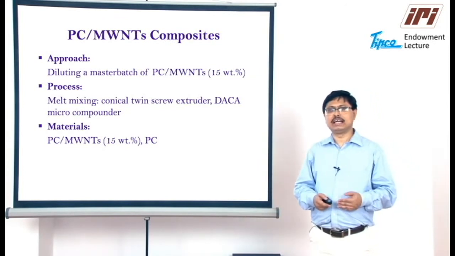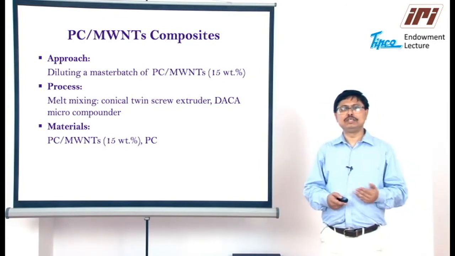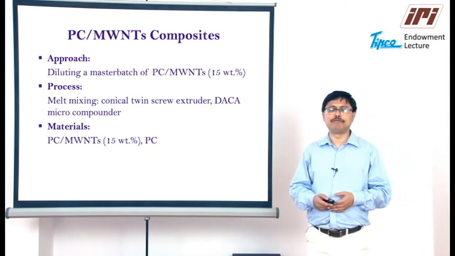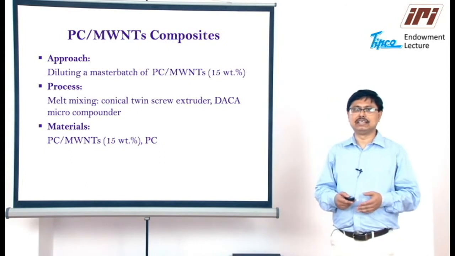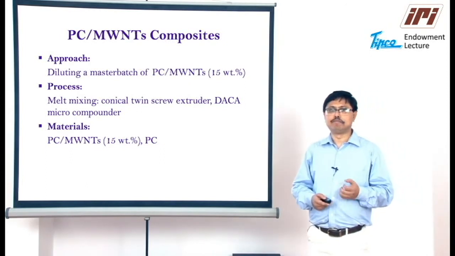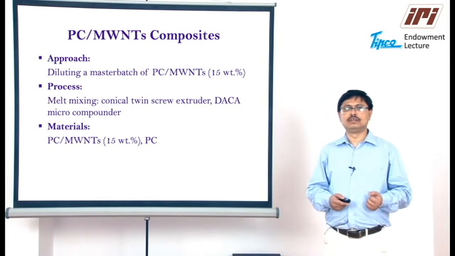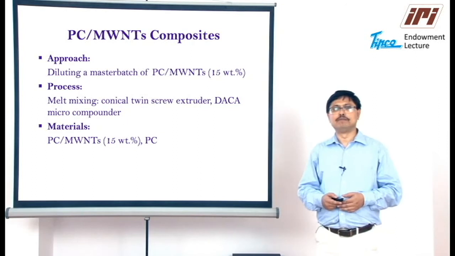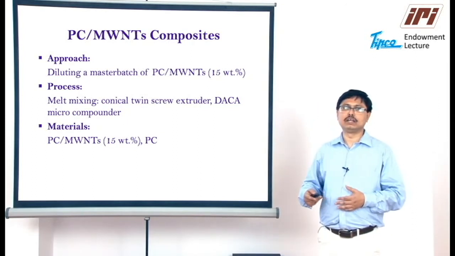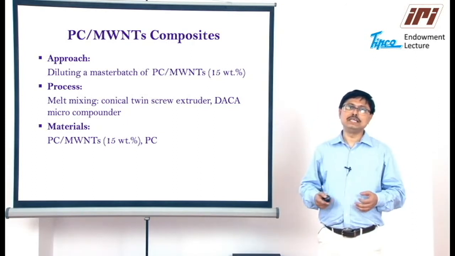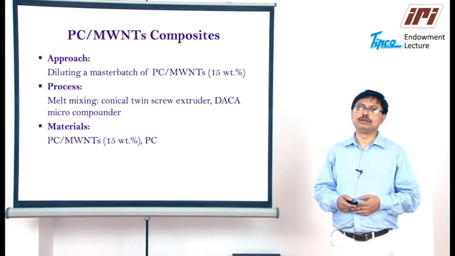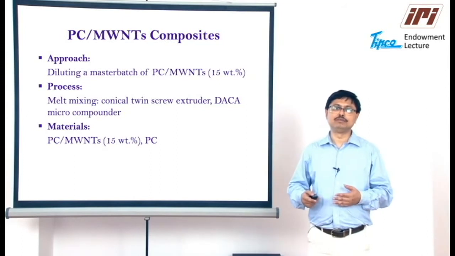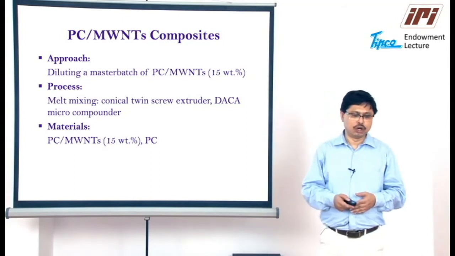The protocol followed is something like this: in a small scale 4.5 cc microcompounder, the DACA microcompounder, the pure polymer, here polycarbonate, as well as the master batch of polycarbonate multi-wall carbon nanotube composites are mixed in such a ratio that you could come up with 0.5%, 1%, 2% and subsequently 5% and so on.